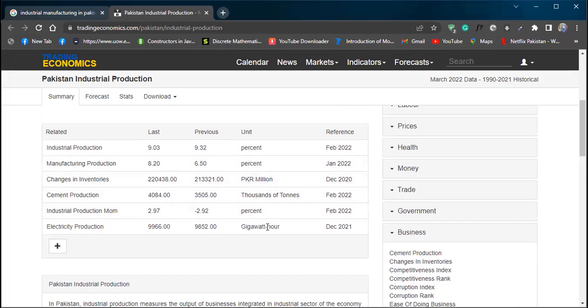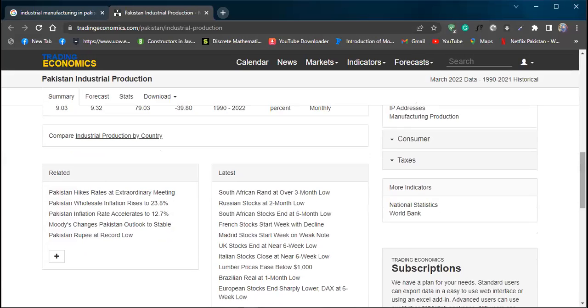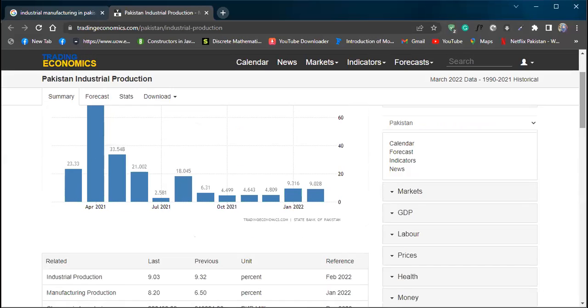Electricity production in December 2021 is 9966 gigawatt hours, and in December 2026 changes in inventories are 2204,380. That's not that good. Pakistan is not a strong country economically.